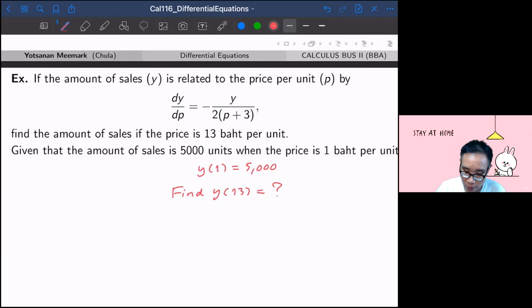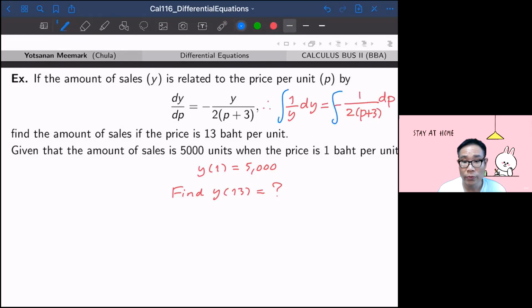So first of all, you're going to solve for y, and you see that this is 1 over y dy equal to negative 1 over (2p plus 3) dp. Okay, so this will be just this differential equation, and it asks you to integrate.